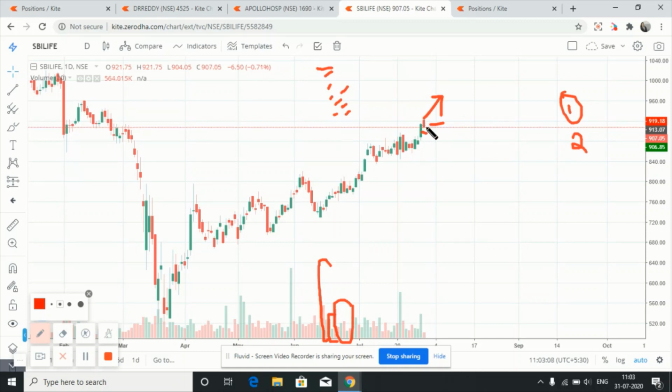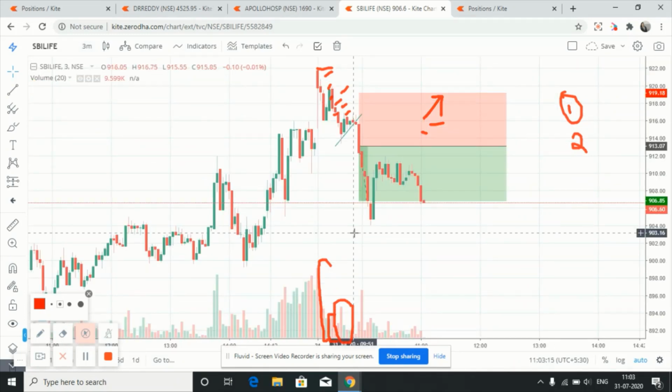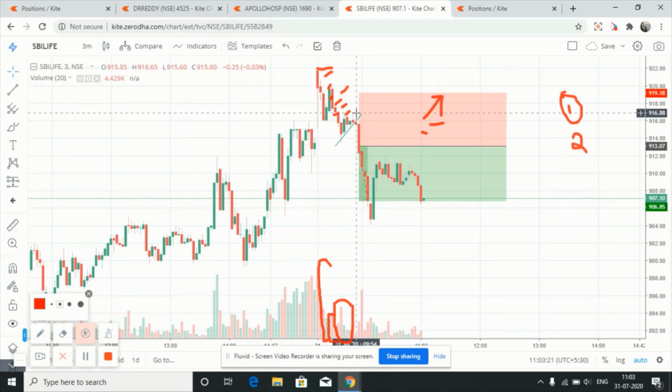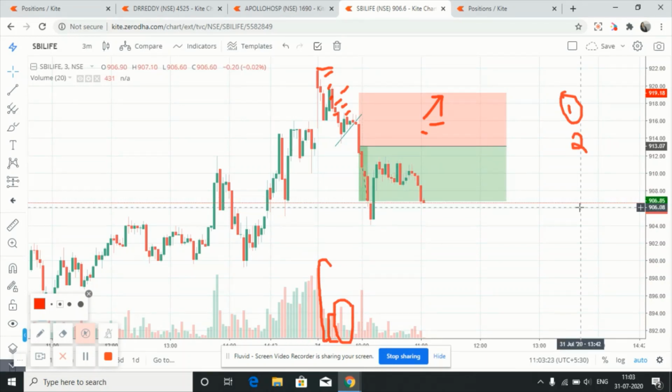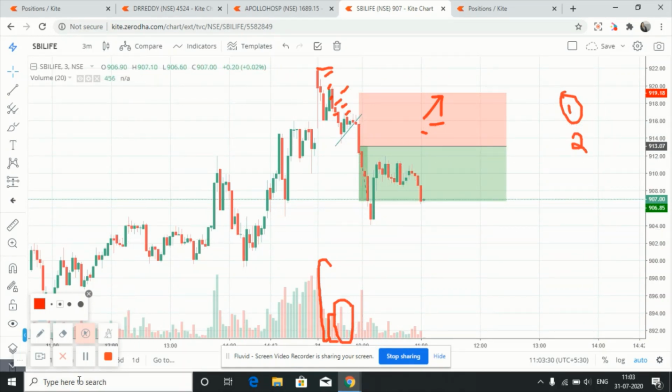We confirmed our selling pressure using the 3 minute chart with volume confirmation. So three reasons for today's trade in SBI Life: volume, this breakdown, and yesterday SBI Life being on its top gainers list.